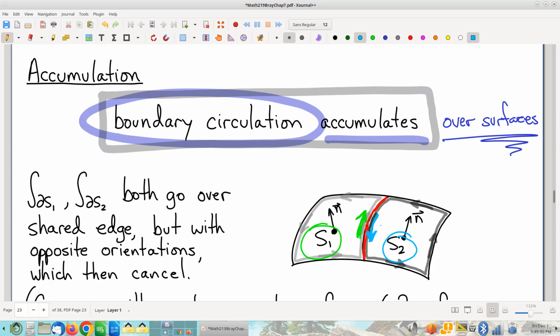But we drew practically the exact same picture of why the cancellation happens. So it's very reasonable to say that all we're doing here is developing a three-dimensional analog of Green's theorem. We're in the process of developing something called Stokes' curl theorem, a three-dimensional version of Green's theorem. Okay, moving along.